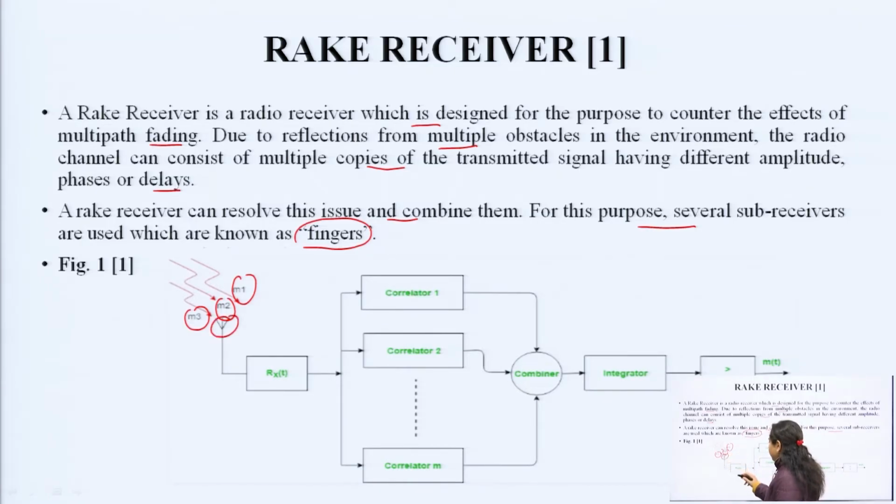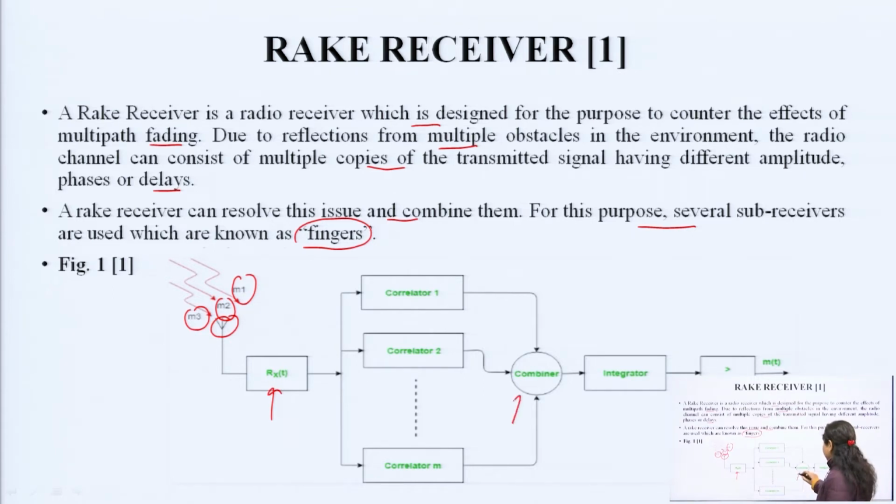This is the receiver antenna, and this is the received signal, r(t). All the signals are passed through correlator 1 to correlator M. There are M correlators, depending on the number of components of the transmitted signal that will be received.